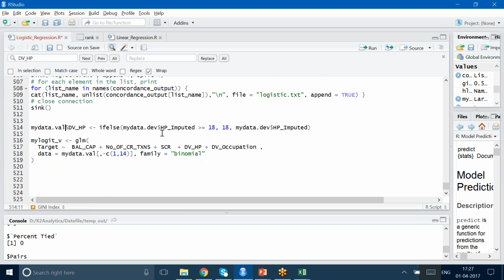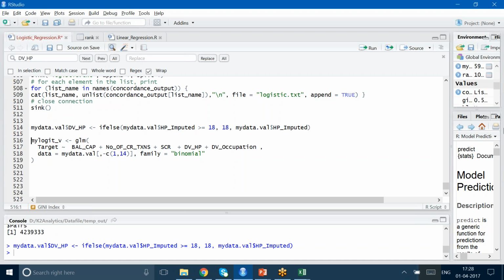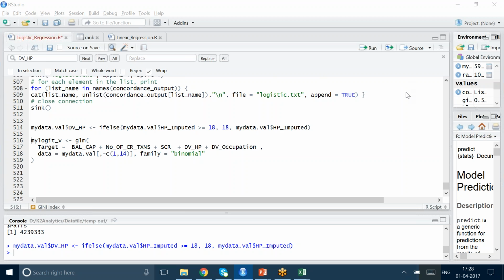I created it for the val sample. Any syntax issues? No, right? Okay.